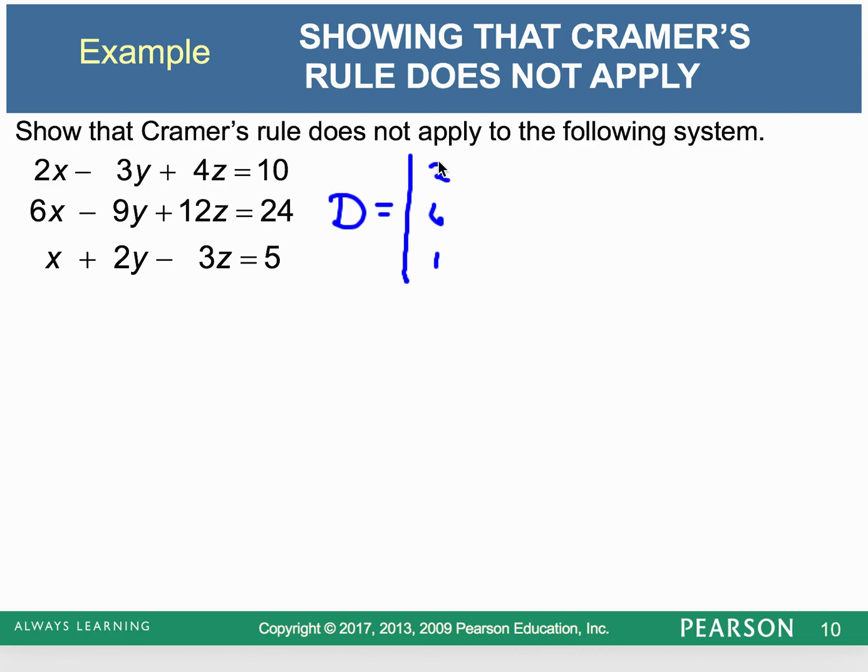Negative 3, negative 9, 2. And 4, 12, negative 3. Now let's repeat the first two columns. 2, 6, 1. Negative 3, negative 9, 2.